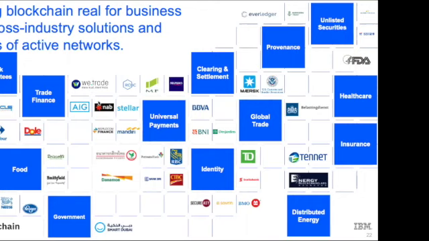WeTrade is another big network, facilitating cross-border trade for small and medium enterprises, with some of Europe's largest banks as part of it. The list goes on and on. We recently completed a pilot with the FDA around tracking pharmaceuticals. There are certainly other areas within government I should mention.